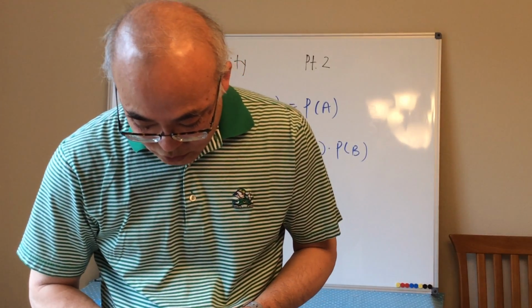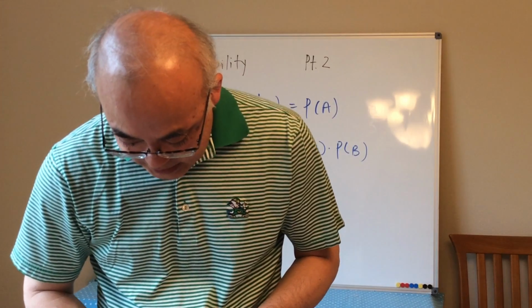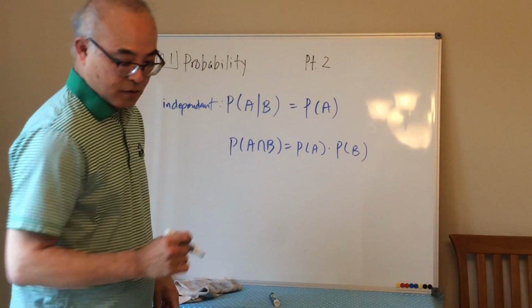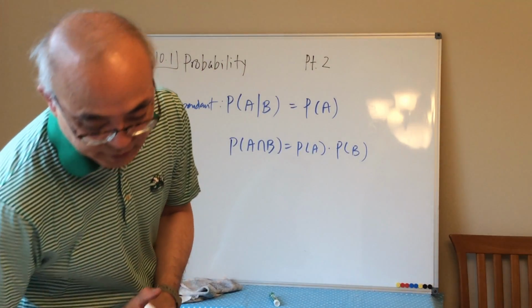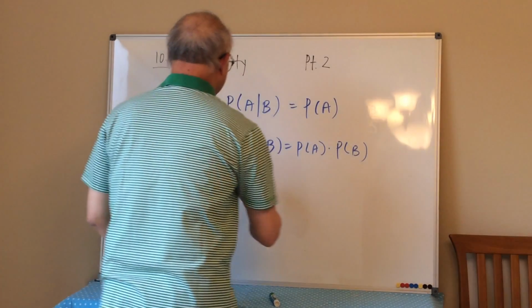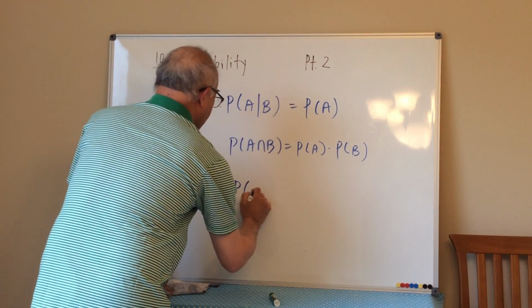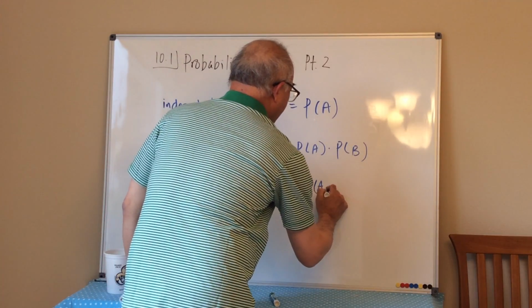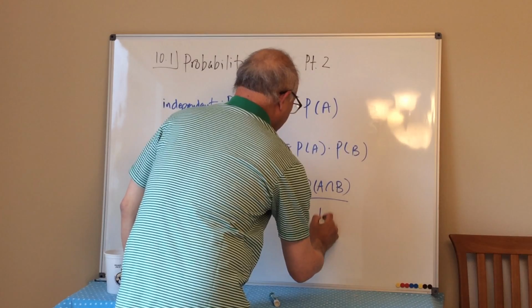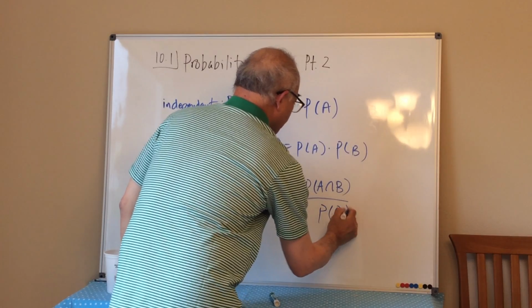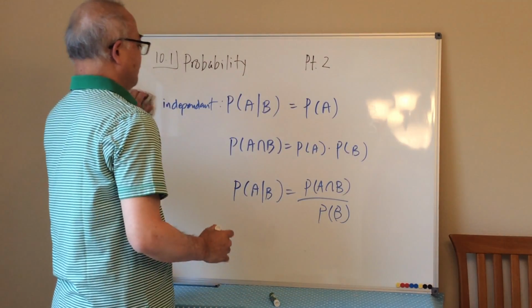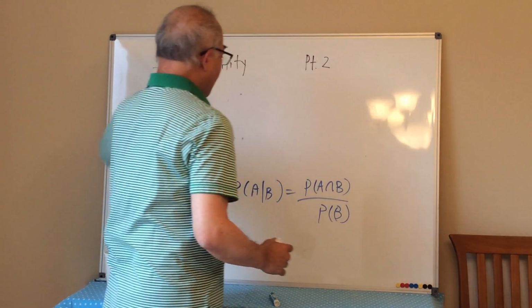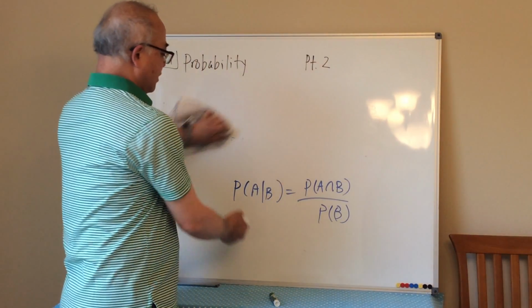That's the top blue, and the bottom blue says that whether or not they're independent, regardless of that, a conditional probability says that P of A given B is the same as P of A and B over P of B. Okay, all right. So that's what happens. This is how you calculate the conditional probability.